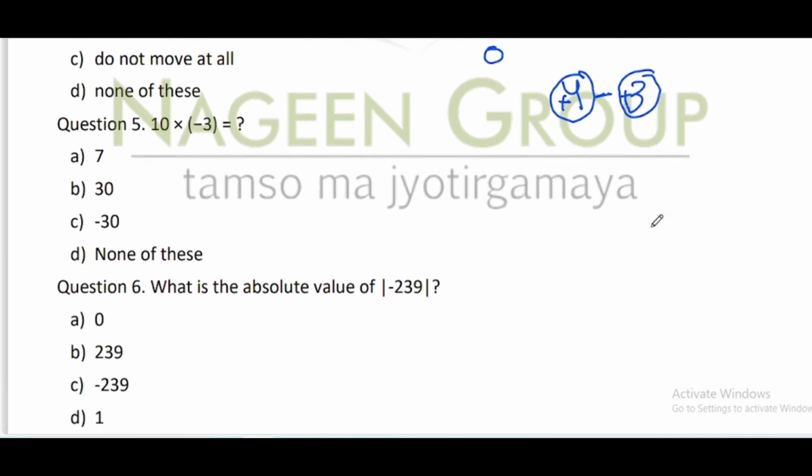In question number 5, 10 multiplied with minus 3. First, we multiply the symbols of both integers. The symbol of 10 is positive and the symbol of 3 is negative.